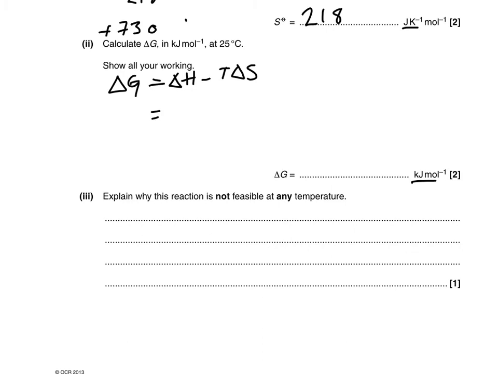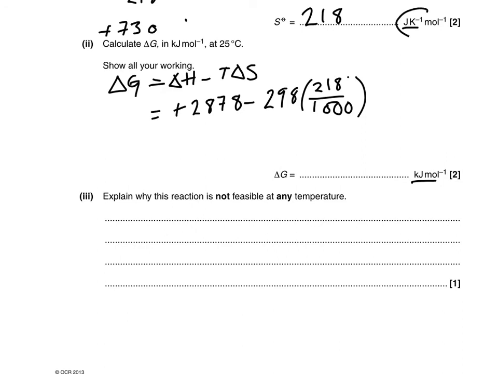So when we're putting in our numbers, we've got the enthalpy, which is earlier on in the question, minus, and this is standard conditions, so our temperature is 298, but our entropy is divided by 1,000 to convert it from joules per Kelvin per mole to kilojoules per Kelvin per mole.